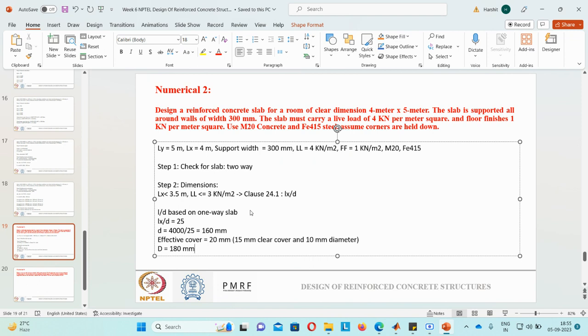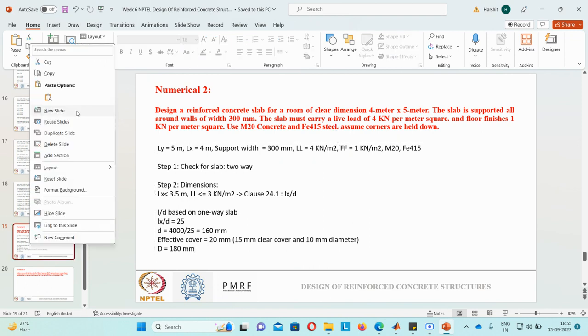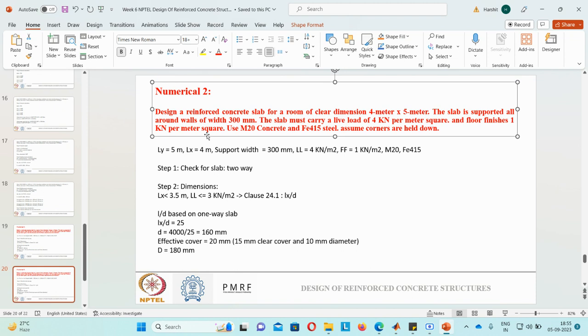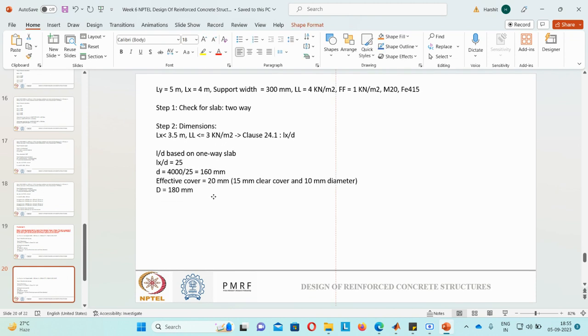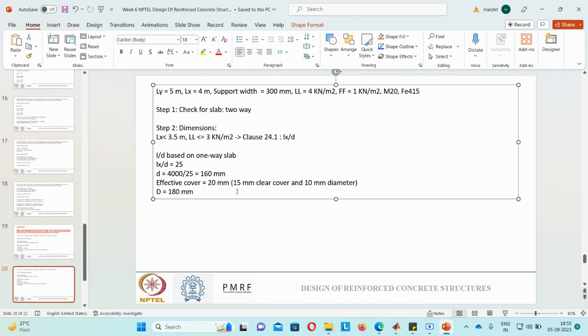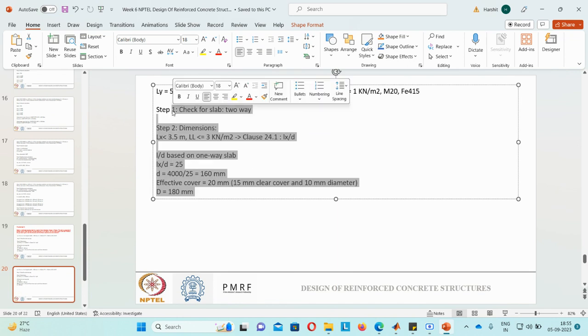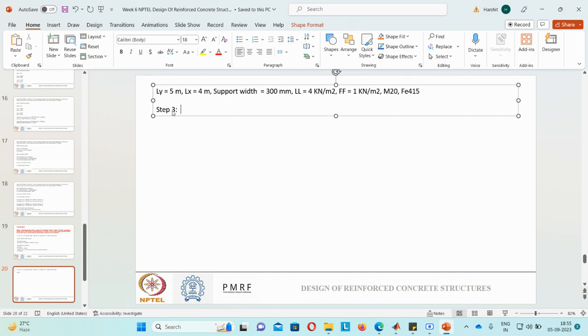Now what is the second step? Sorry, the third step will be to calculate effective span along all the four directions. In the last question it was not an issue for us, but now we need to calculate that also.